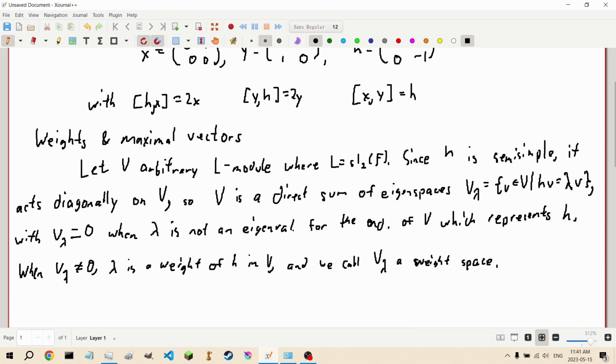And this comes with a lemma, which should be pretty comfortable here. If v is in V lambda, so the action of H on v scales it, then the action of X on v is in V lambda plus 2, and the action of Y on v is in V lambda minus 2.